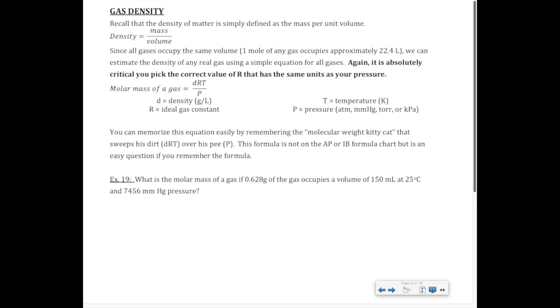So we've covered what gas density is at STP, but could you find it at any other value besides STP? And the answer is yes. If you remember a real quick equation, remember that the density is the mass divided by volume, and that's going to be helpful later. And you can also remember a cool quick equation that is the molar mass of a gas equals the density times R times T divided by P, or the molecular weight, kitty cat, sweeps his dirt over his pee.